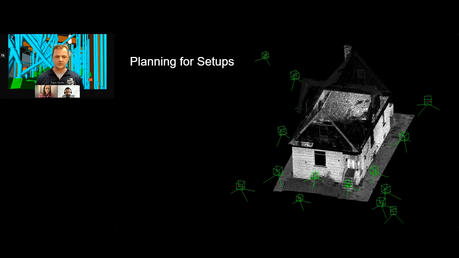So we want to make sure we do proper site planning and capture what we need, a little bit more than what we need, but not too much more. It's always better to have it and not need it than to need it and not have it, because then you'd have to return to site.